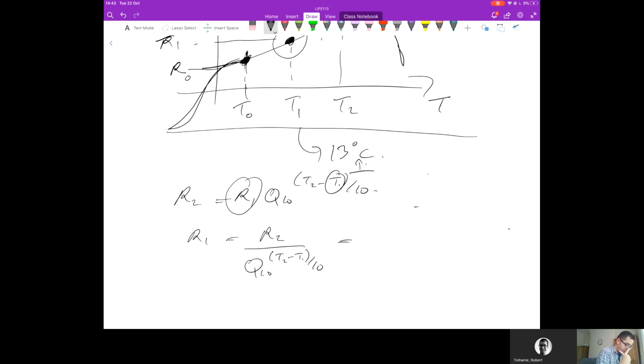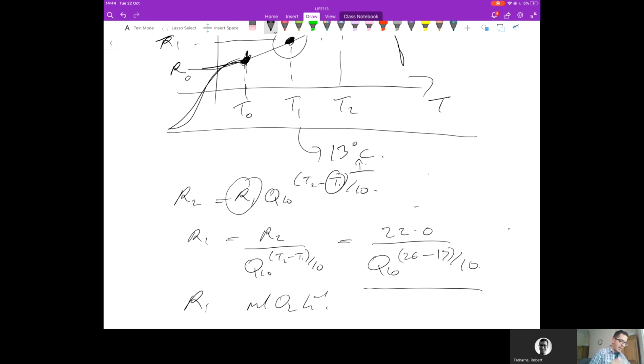That is equal to, now I still know my R2, which is 22.0, all over Q10 to the power temperature 2, still 26 degrees, minus this new temperature 13, all over 10. So you can work out what R1 is in milliliters of O2 per hour. I haven't done it, I forgot to do it, but you can put that in your calculator and work it out. Okay, right, hope that helps.